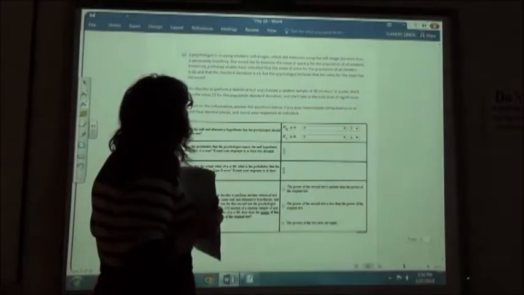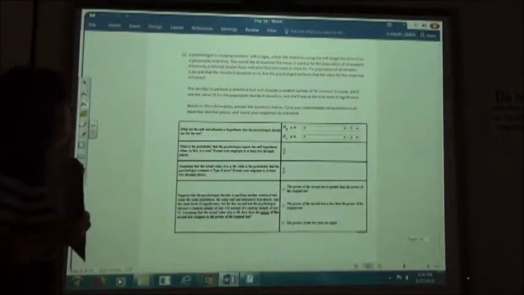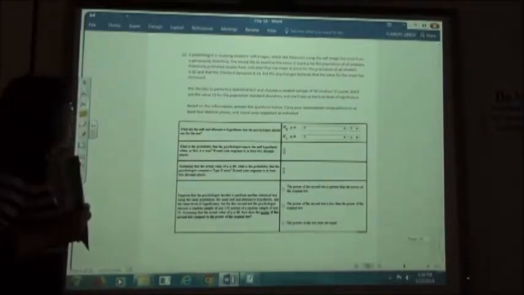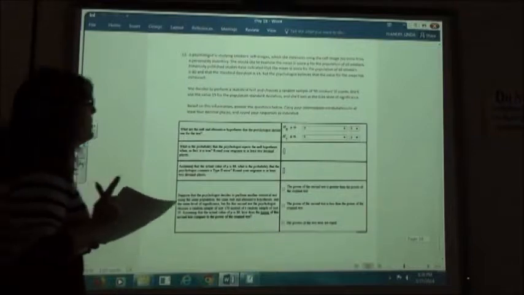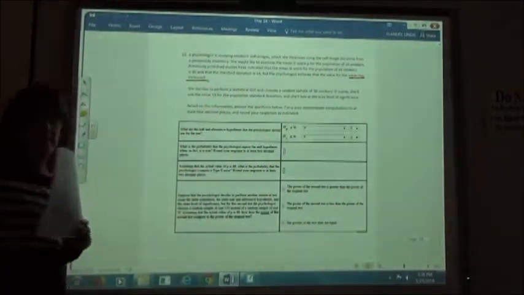She would like to examine the mean score for the population of all smokers. Previously published studies have indicated that the mean for the population of all smokers is 80. The standard deviation is 15, but psychologists believe the value for the mean has increased.